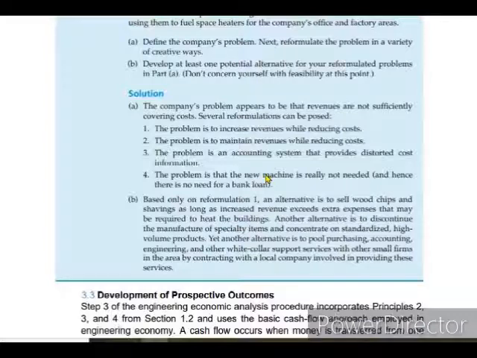So number three is about proposing an accounting system. Okay, so it is more useful in analyzing the distorted cost information or those costs that are not recognized. Okay, so number four, the problem is that the new machine is really not needed and hence there is no need for a bank loan.